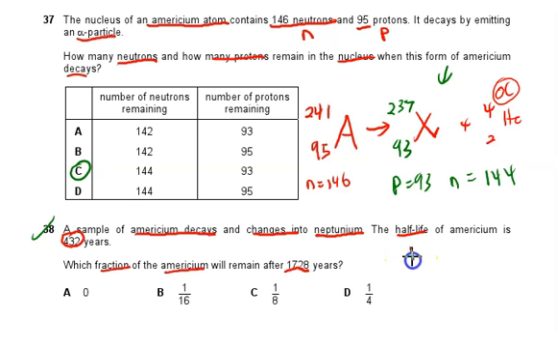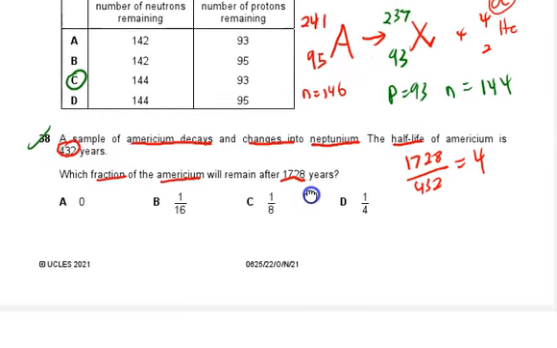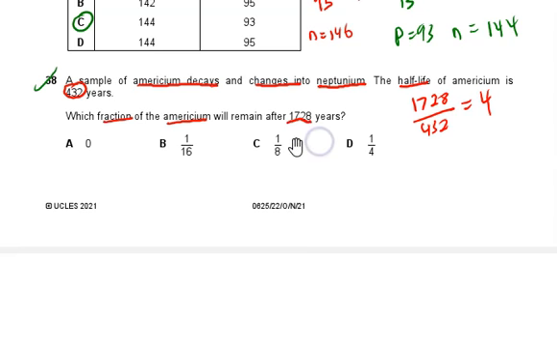So we just have to divide this. So how many half-lives is that? So this is about 4 half-lives.